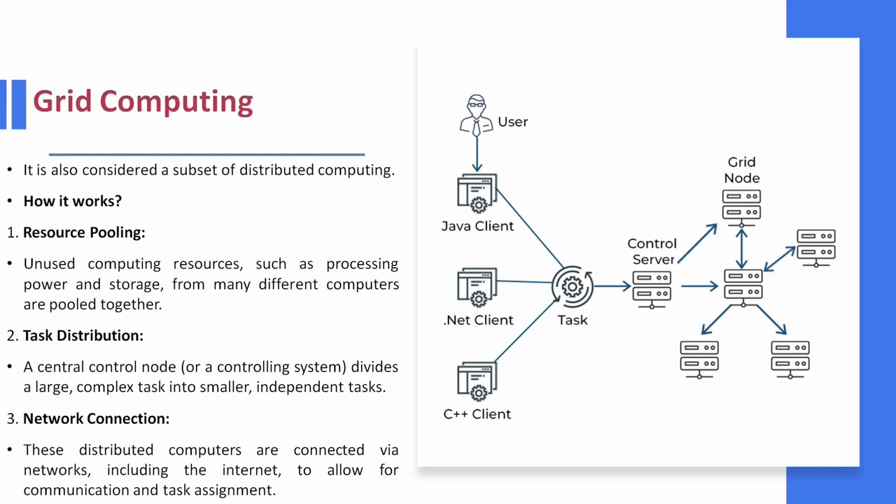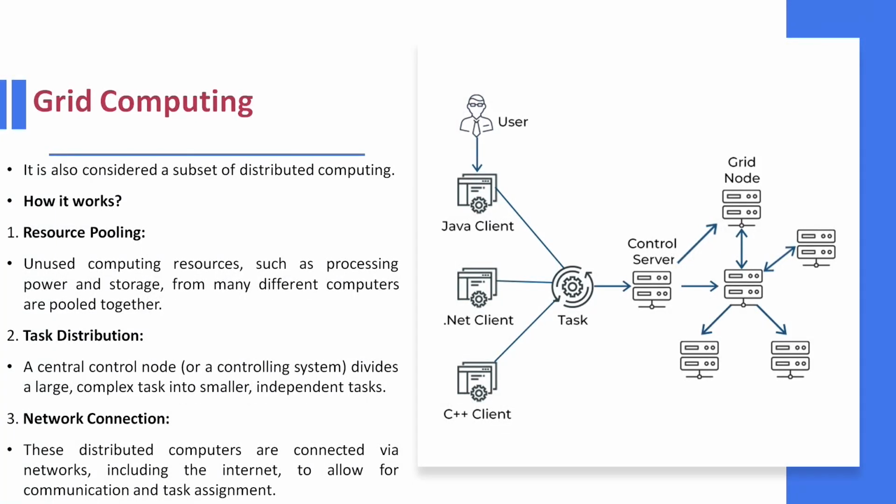A central control node, or controlling system, divides a large complex task into smaller independent tasks. Because you are using resources from different locations, you have to manage your task as well as the pooled resources. That is the job of the control server, which manages all these tasks.